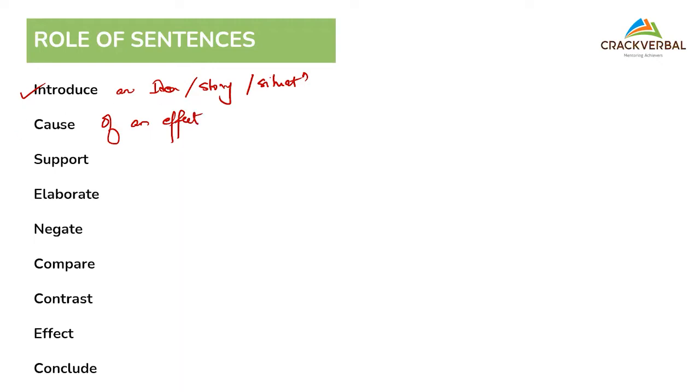So how do I identify a cause? For example, if a sentence starts with because, since, due to. What will follow after these words? Because of something, because of some action, or because X for that matter.